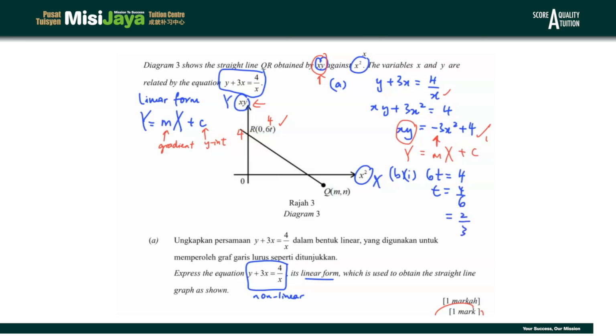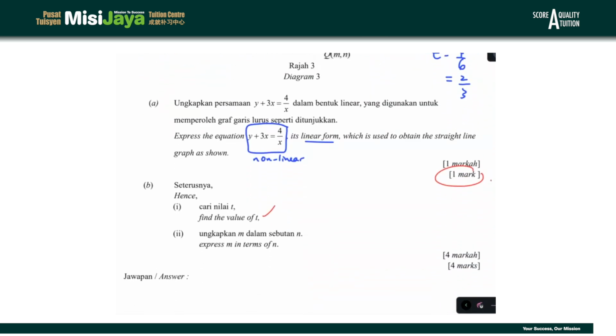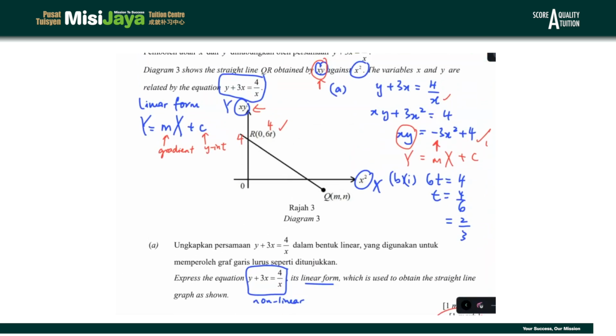This is 2 marks, because the whole part is 4 marks. The first step is 1 mark, and then 2 over 3 is another 1 mark. So you already have 2 marks.